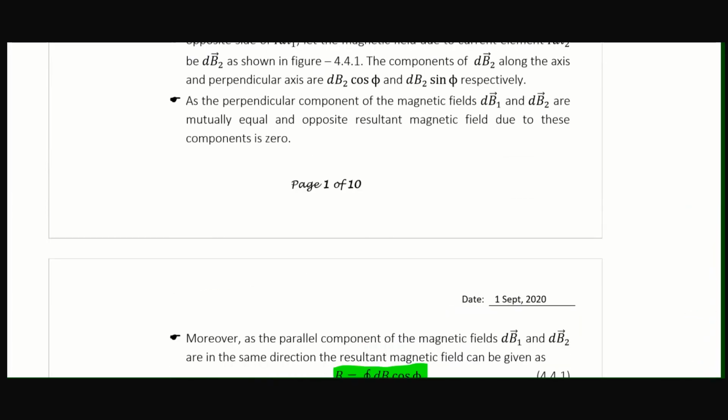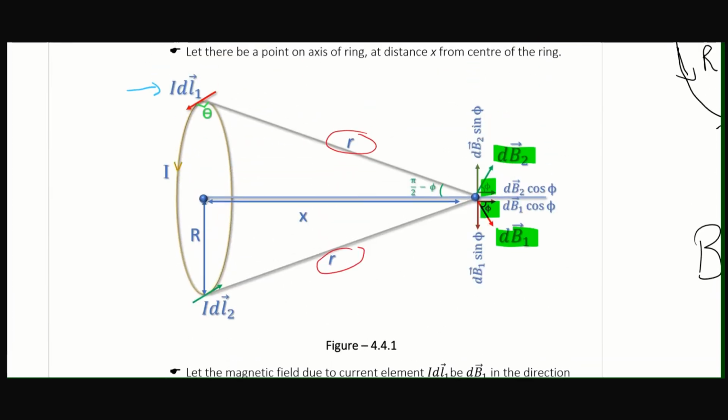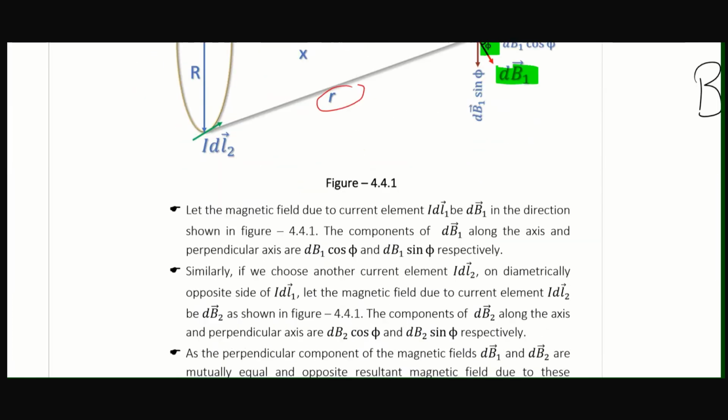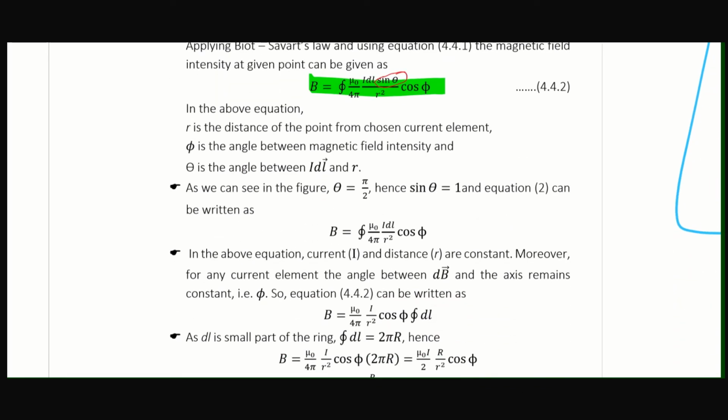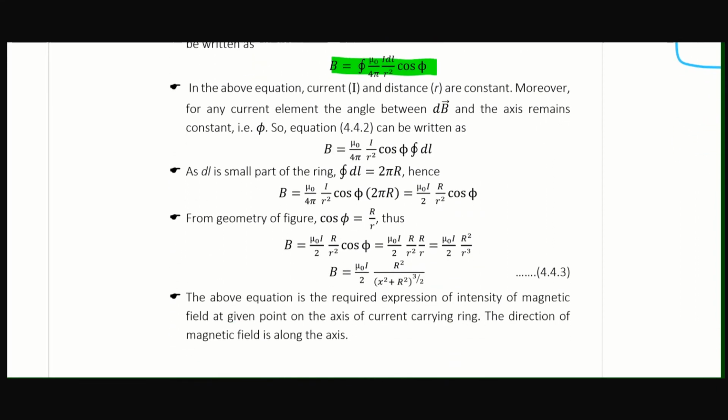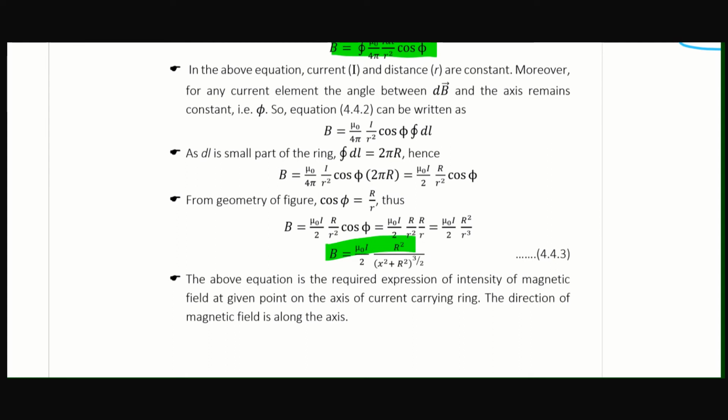As I told earlier, theta is the angle between IDL and r, and theta is 90. So sine 90 is 1, and hence that factor is also eliminated, and this is where we reach. Substitute cos phi and simplify it, and this is the expression for the ring. So that was the topic. Now let us go to special cases.